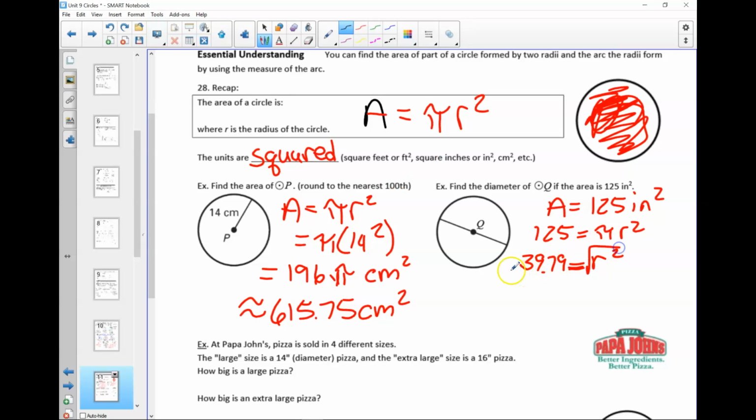Okay, taking the square root of both sides, we get r equals approximately 6.31. Okay, to find diameter, multiply that by 2, and our diameter is approximately 12.62 inches.